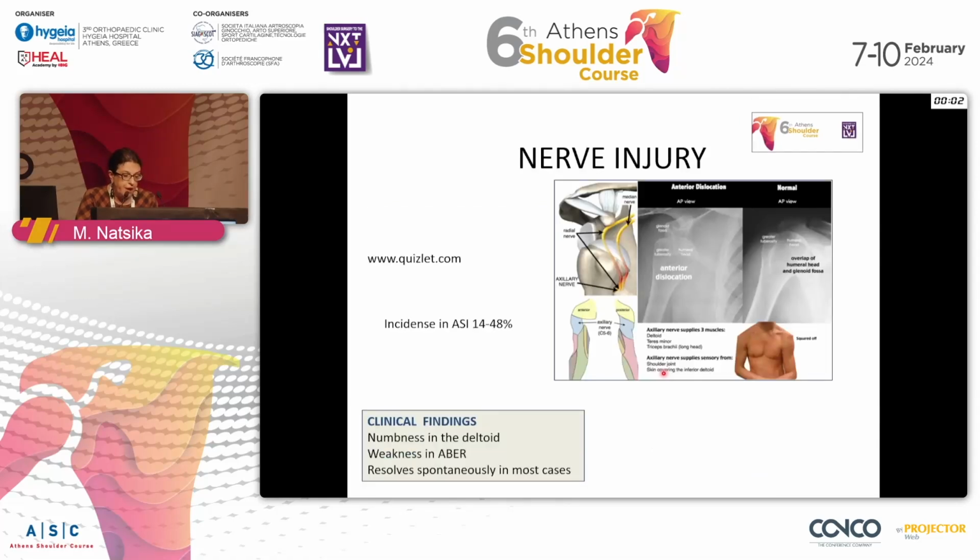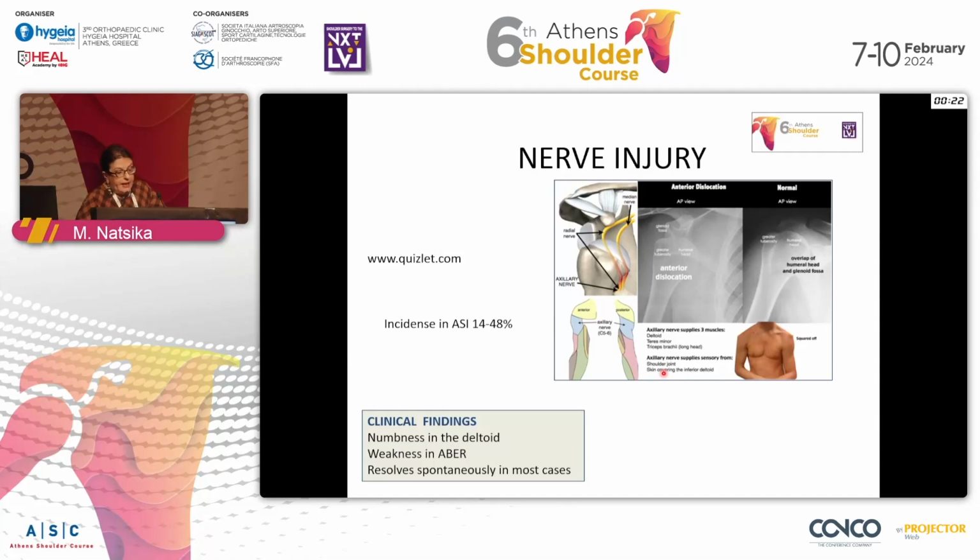My last minute is about nerve injury. The nerve injury we're talking about is the axillary nerve, and we know that it's an often injury that can happen in between 14 and 38% of the population that have dislocation.